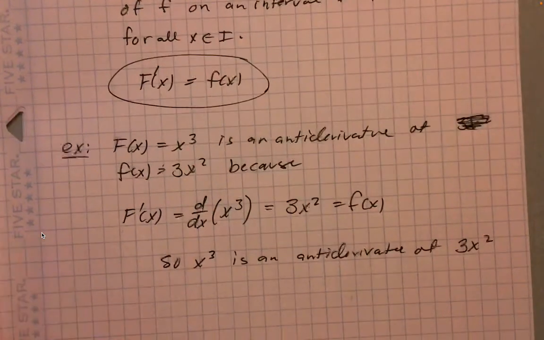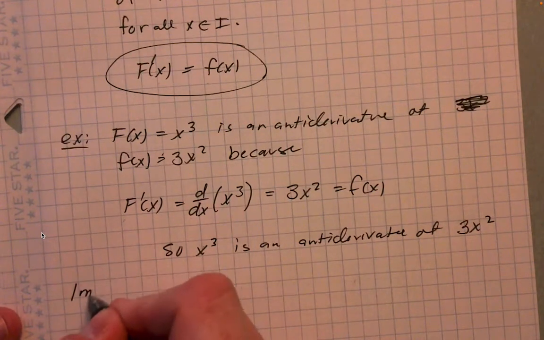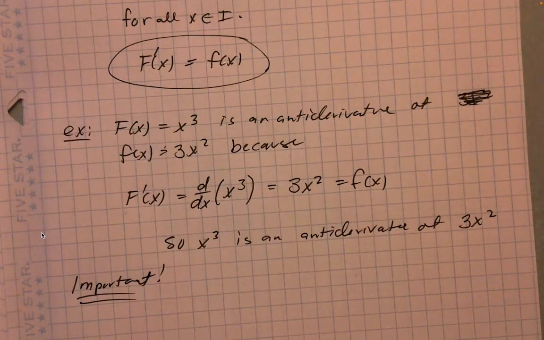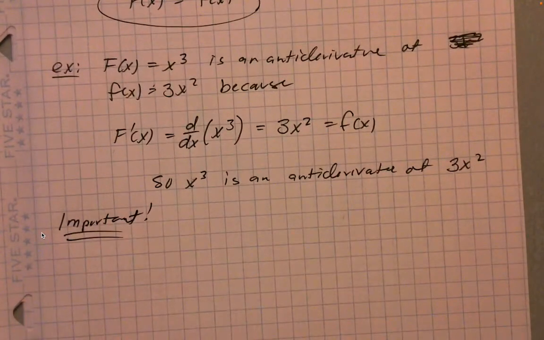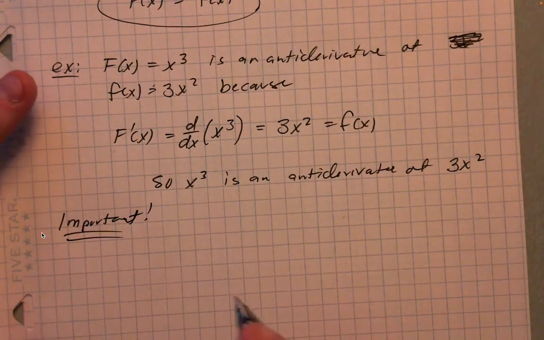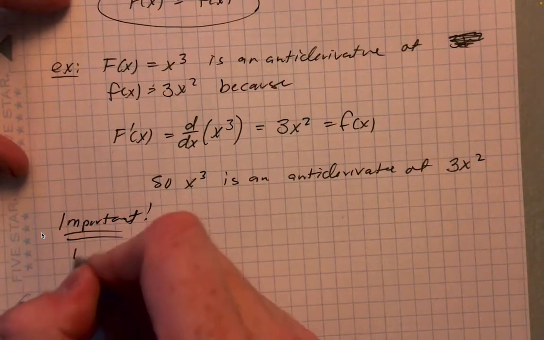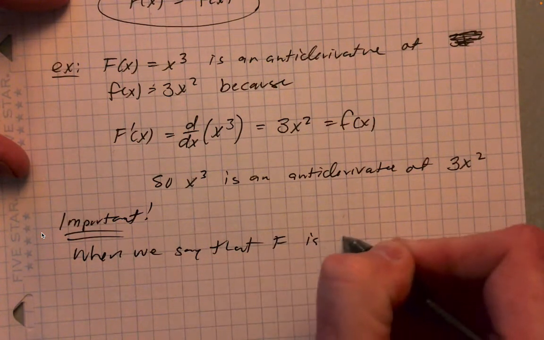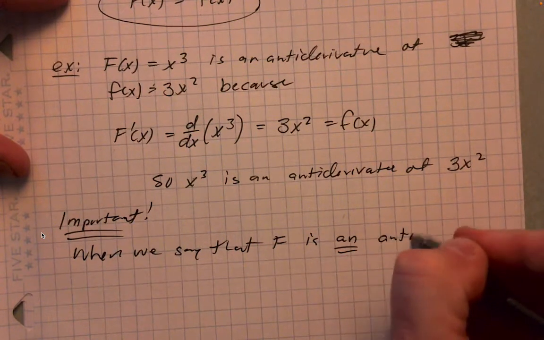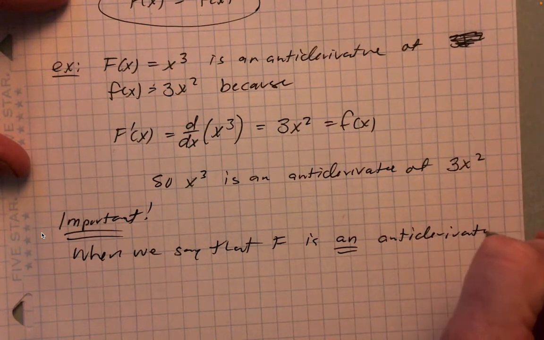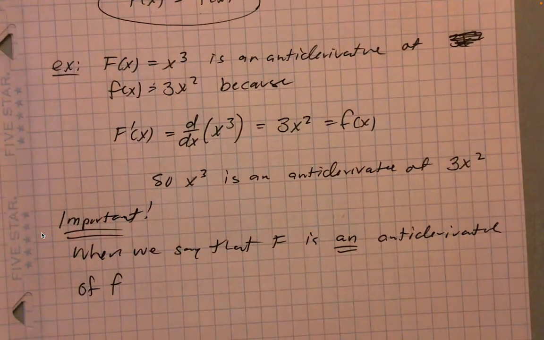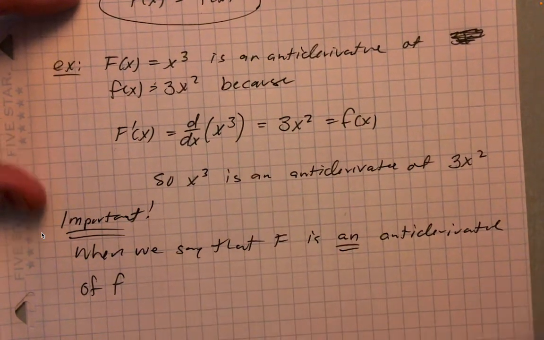So it's important to note that when we say that F is an antiderivative, that's very intentional language. When we say that F is an antiderivative of f, what we mean is that it is not the antiderivative of f.